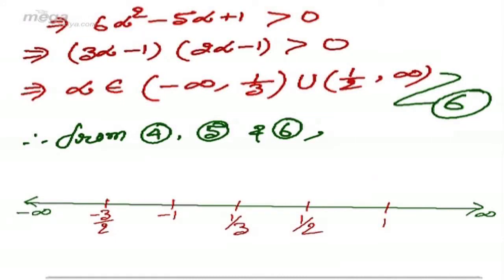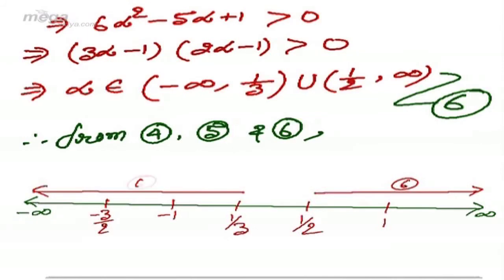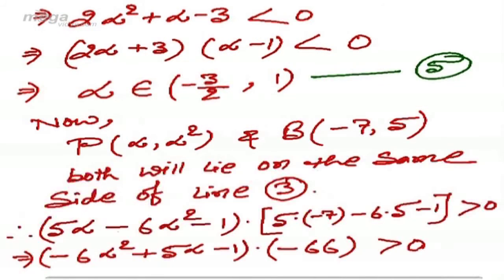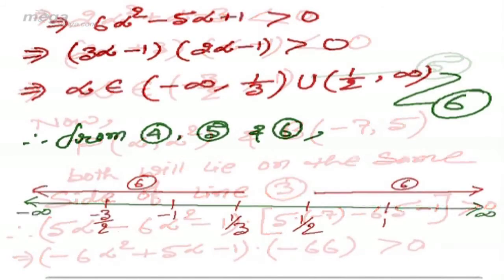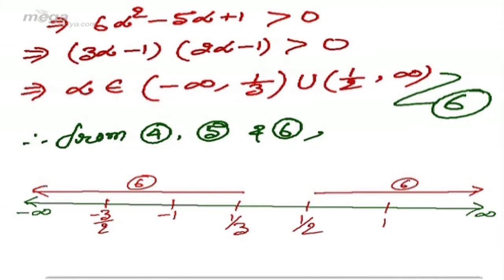Now from region number 6, it will be from half to infinity and from this side minus infinity to 1 by 3. I am writing here, this is 6. Now the fifth one is minus 3 by 2 to 1. This one is the fifth.